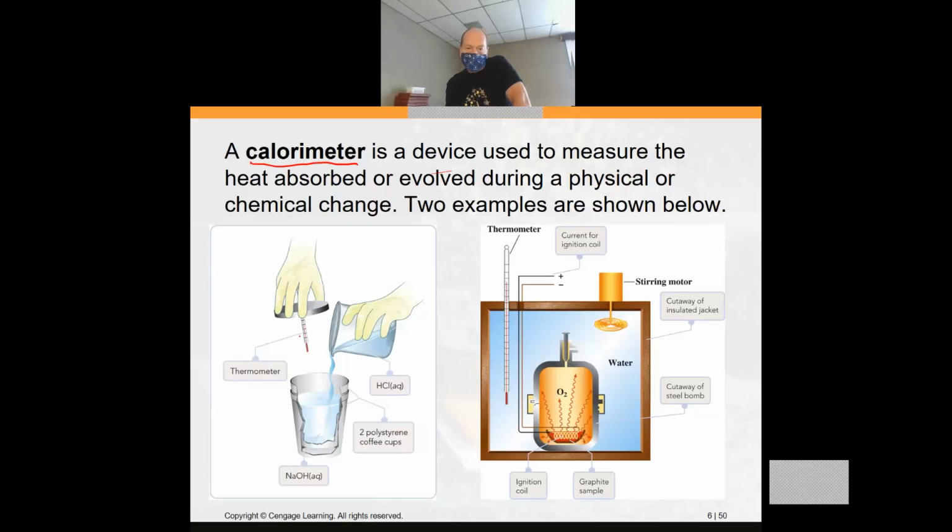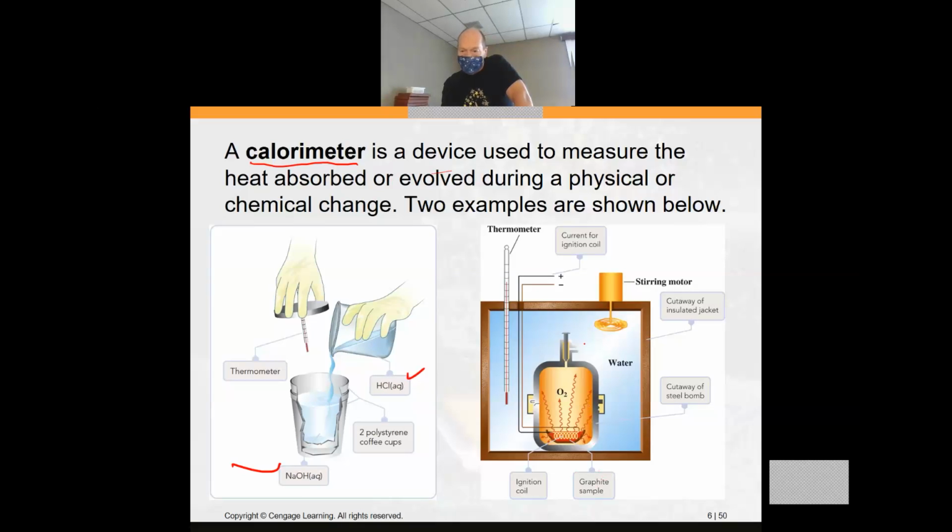You have your thermometer to measure the heat that is going to be, in this case, released, because we're going to add a strong acid, HCl, to a strong base, NaOH. We're going to then measure how much the temperature rises. And that's how you would get the delta H value for an acid-base reaction using HCl and NaOH.